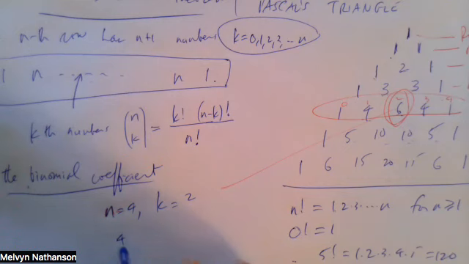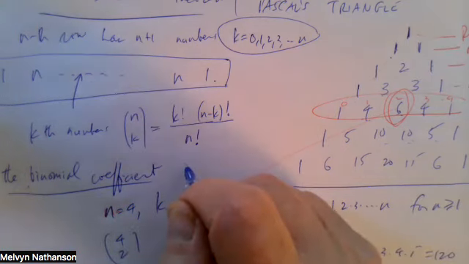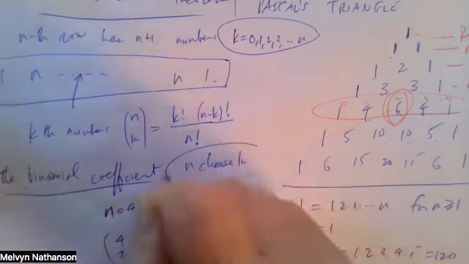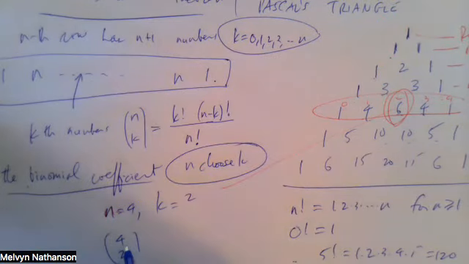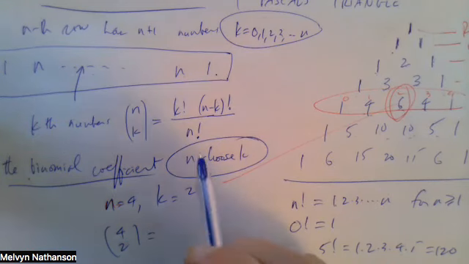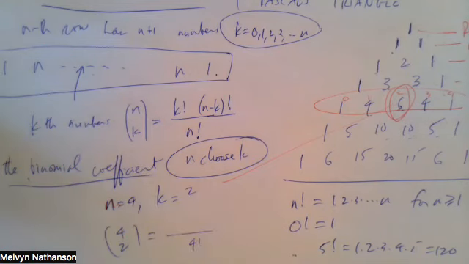So 4, this is usually read n choose k. So the binomial coefficient for 4 choose 2 is what? N is equal to 4, so we have a 4 factorial in the denominator.